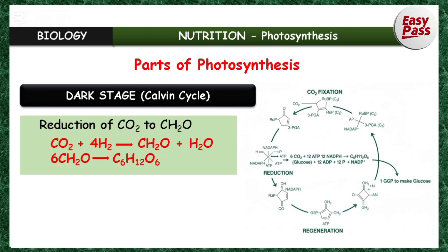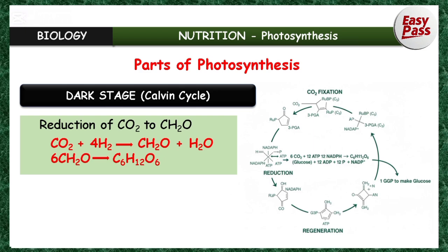We have CO2 plus this hydrogen obtained from the photolysis of water. Then we have the reaction to give us CH2O. That is what we have as the product of the reduction of carbon dioxide, CH2O.